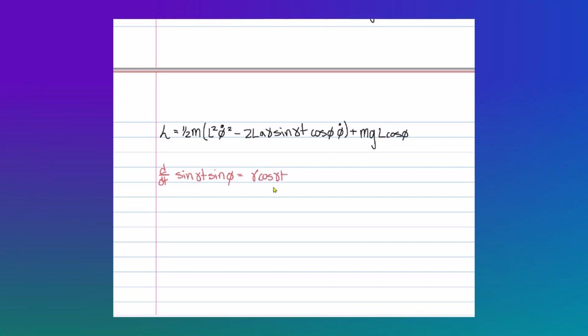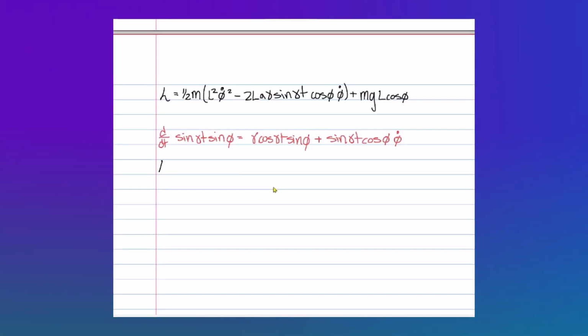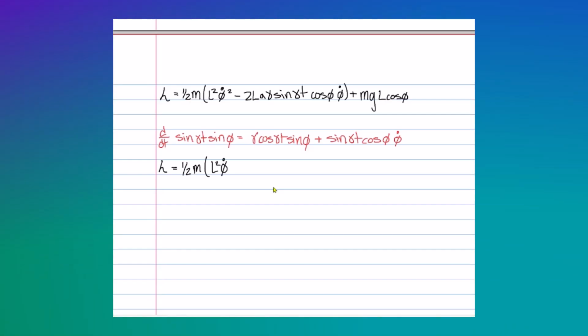So we take the total time derivative of sine gamma t times sine phi, get two terms, one of which matches the term in our Lagrangian, and the other is similar, except with a gamma and different trigonometric functions.